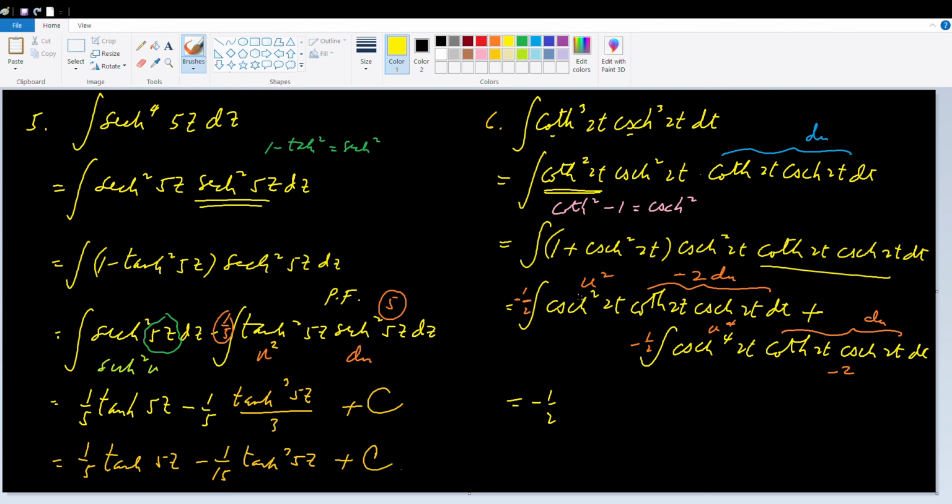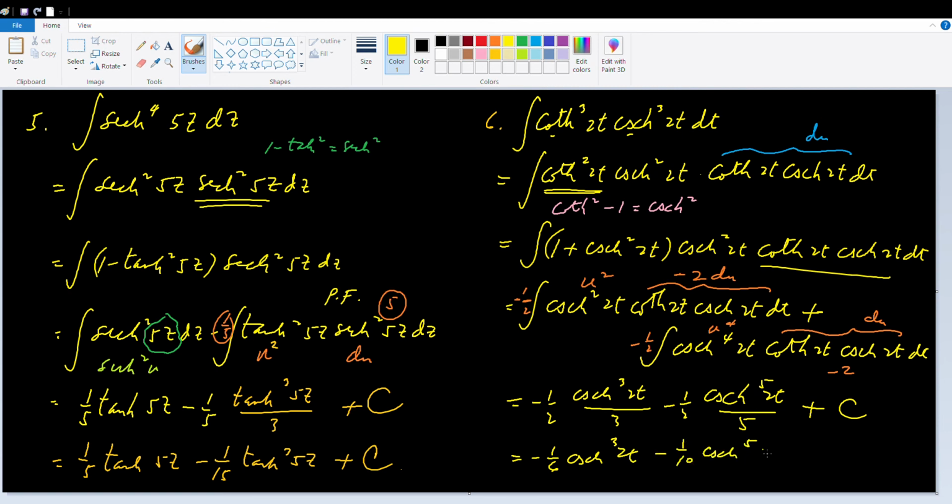U squared becomes u cubed, so hyperbolic cosecant cubed all over 3. Then negative 1/2, and u to the fourth becomes u to the fifth: hyperbolic cosecant to the fifth 2t all over 5, plus c. We now write our final answer: negative 1 over 6 hyperbolic cosecant cubed 2t minus 1 over 10 hyperbolic cosecant to the fifth 2t plus c.